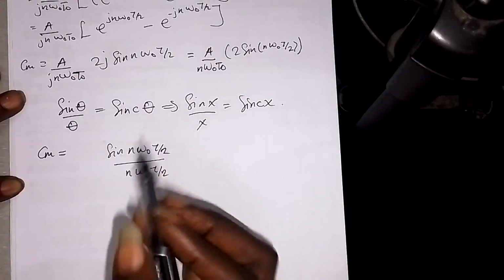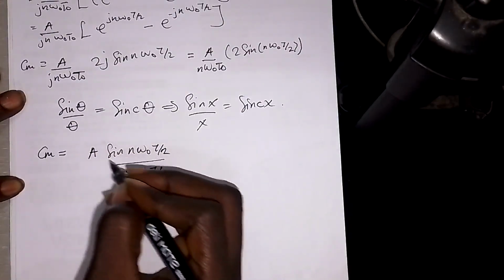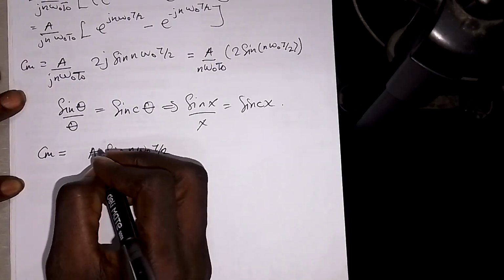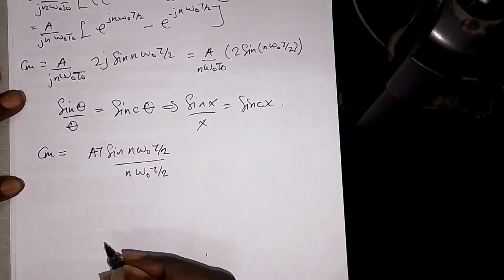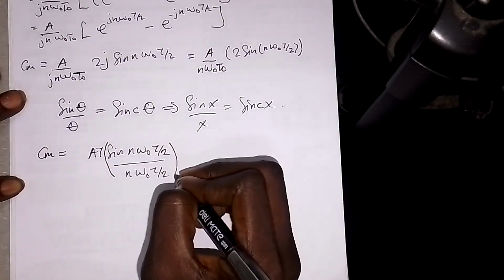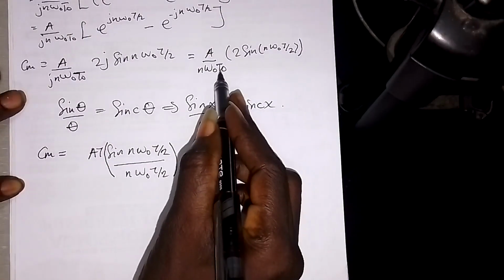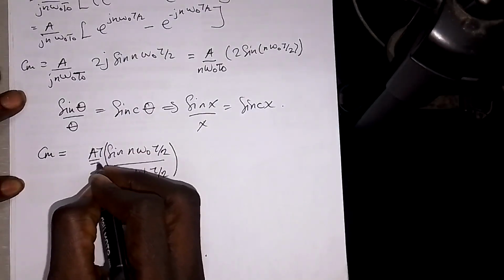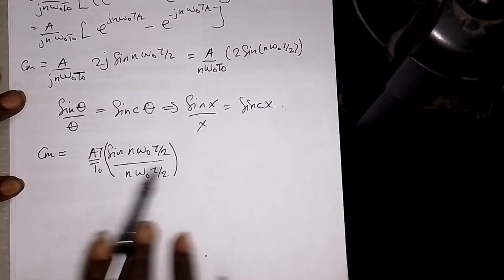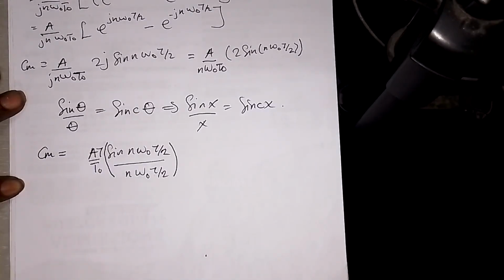Already there is this A there, so this A will be here, and this tau has to come up, and there's this T naught here. If I write it in terms of sinc, this is what I'm going to get.